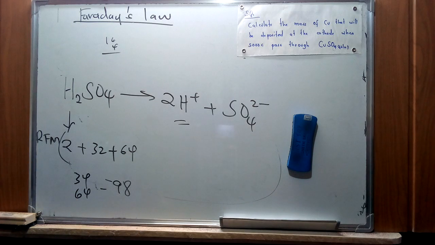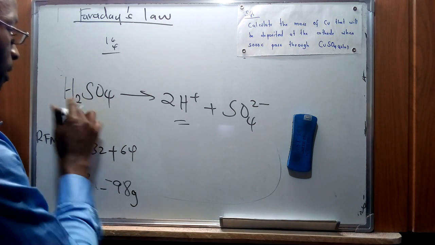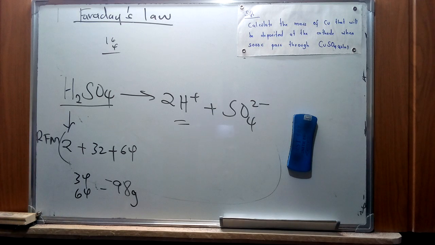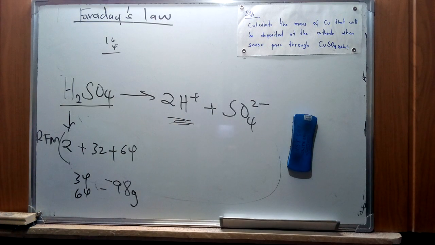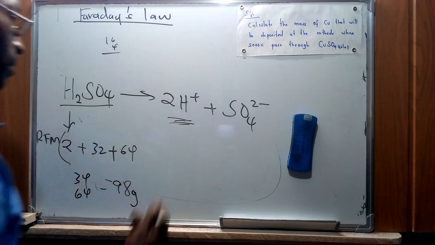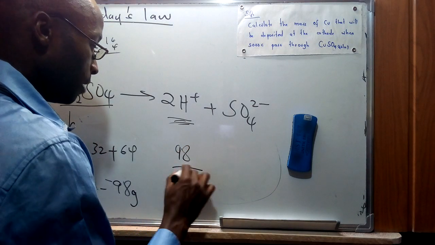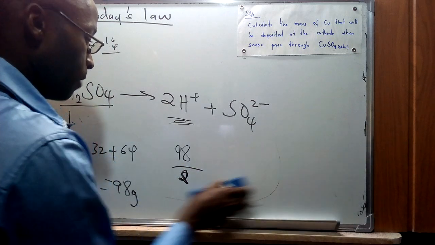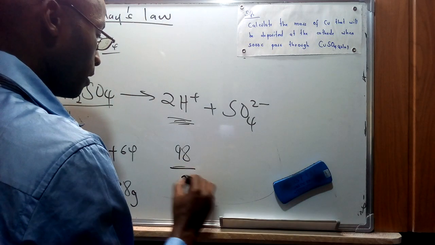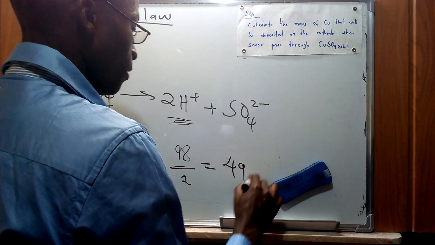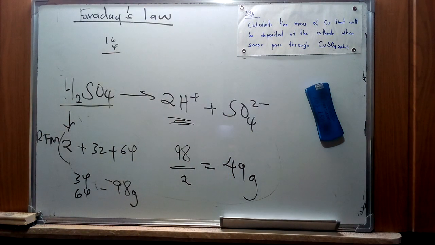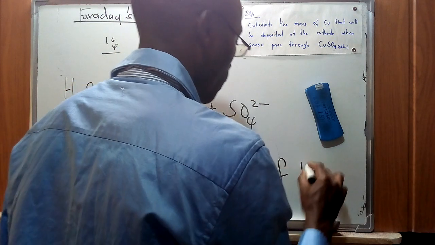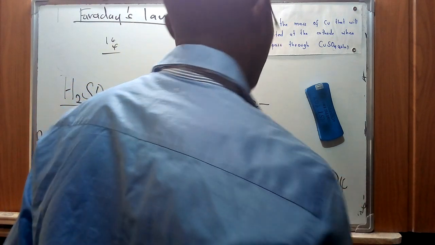The relative formula mass for sulfuric acid is 98, but in this case it is able to donate 2 protons. So to find the equivalent mass for sulfuric acid, it is 98 divided by 2 protons, to find the mass equivalent for 1 proton. So we can say the equivalent of sulfuric acid is 49 grams of the acid, which is equal to 1 equivalent.